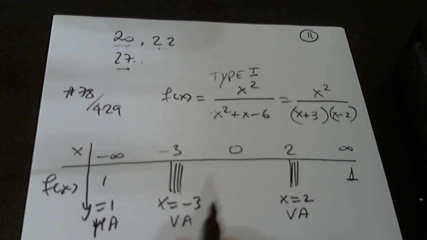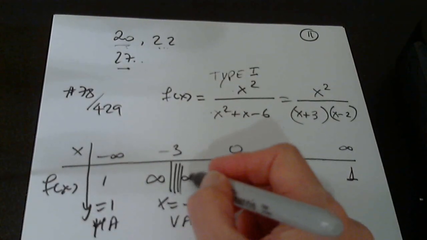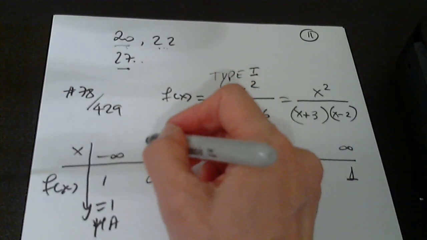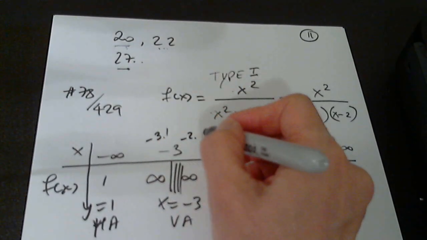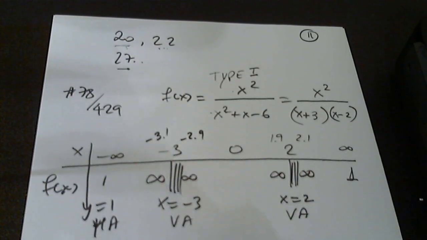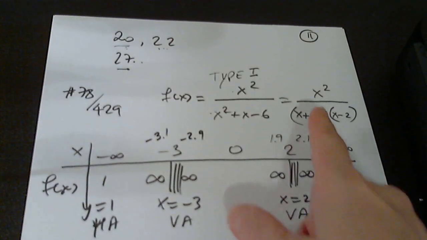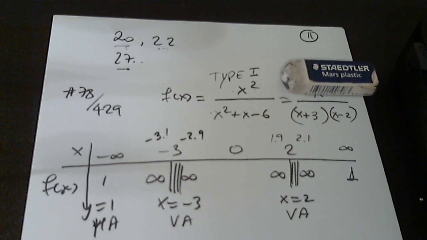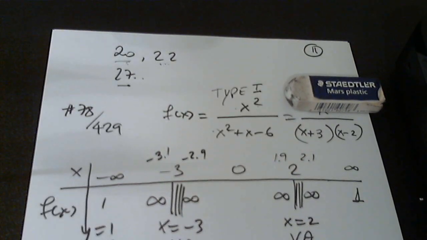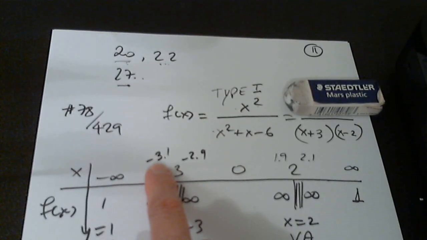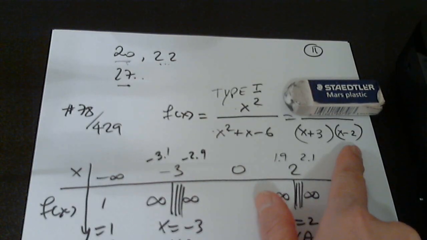Good. These are vertical asymptotes, so I know what's happening there, but I don't know the sign. So I will be using -3.1 and -2.9, and 1.9 and 2.1. Very easy situation because the numerator is always positive. Don't even bother with it. So with -3.1, negative, negative.